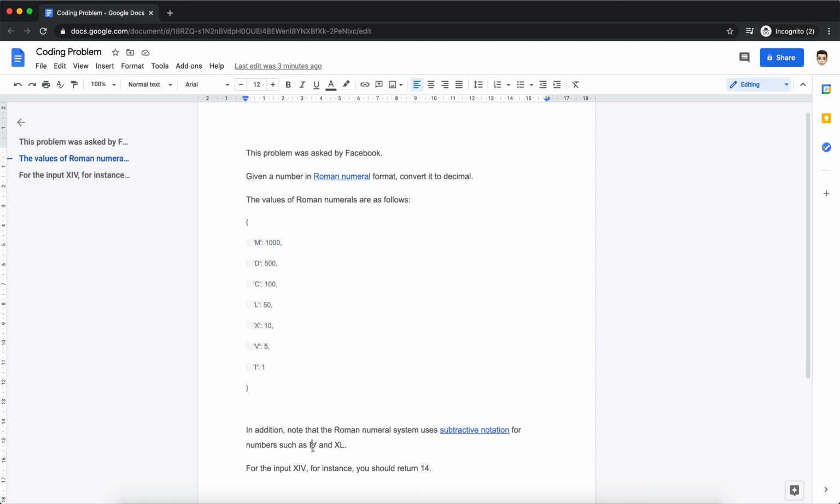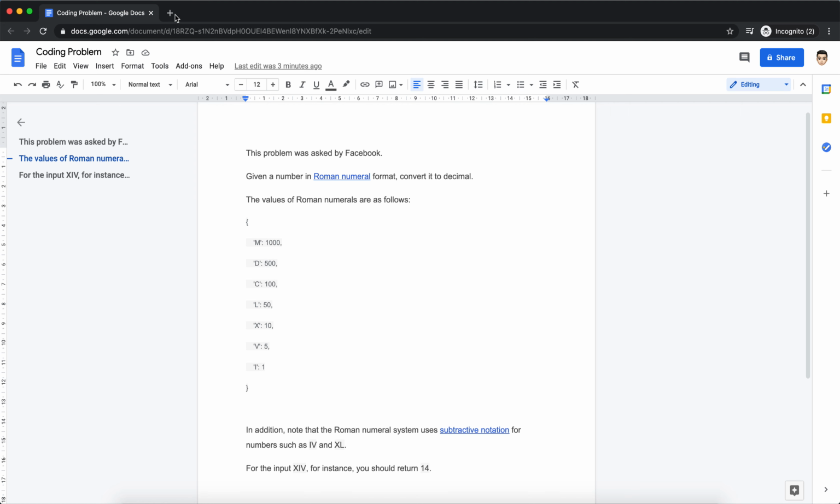Like in this case, IV. So I is 1 and then V is 5, which is in an increasing format. So we basically subtract both, and IV value is basically 4. Similarly, XL. X is what, 10, L is 50, which is in an increasing order. So we subtract. So value of XL is 40.